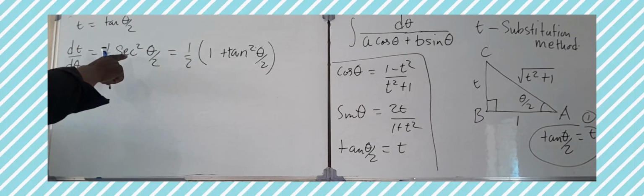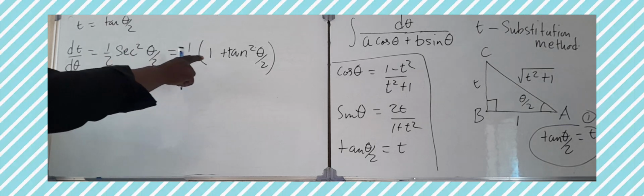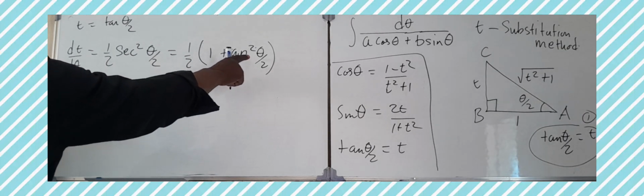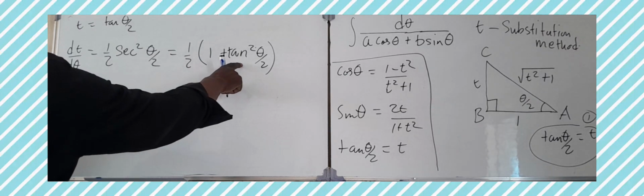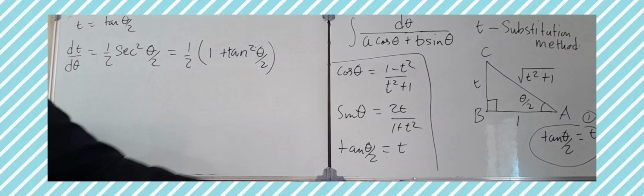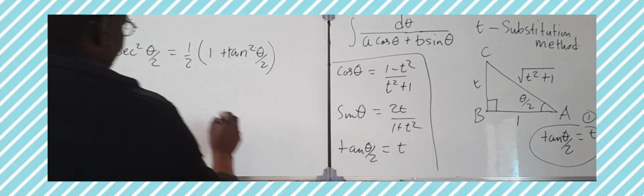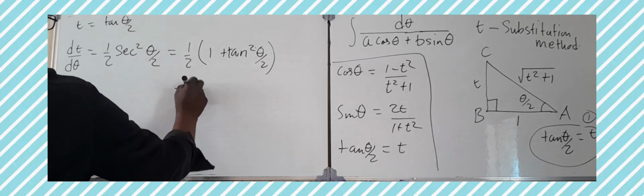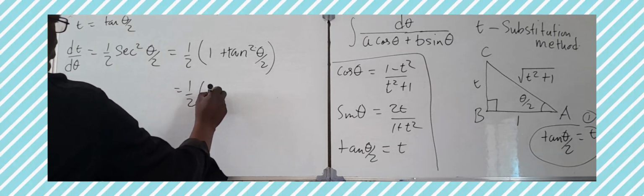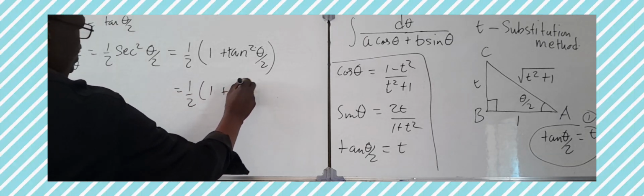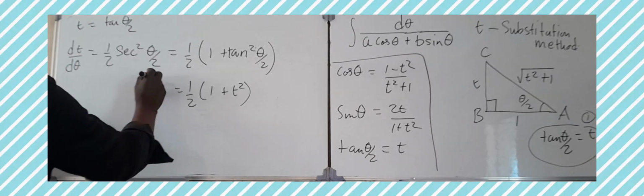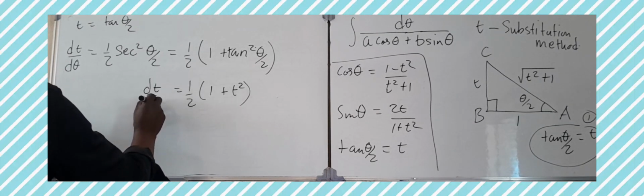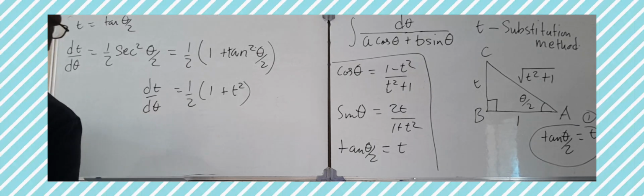So I've replaced sec squared theta over 2 here with 1 plus tan squared theta over 2, and we can write this as 1/2 multiplied by 1 plus tan squared theta over 2. But we know that tan of theta over 2 is equal to t. So I can write this as half of 1 plus t squared. So dt over d theta is equal to that.